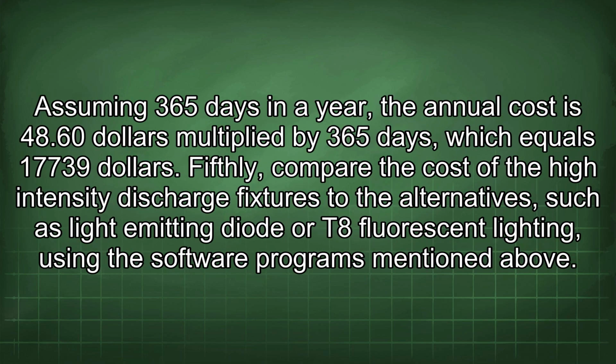Assuming 365 days in a year, the annual cost is $48.60 multiplied by 365 days, which equals $17,739. Fifthly, compare the cost of the high-intensity discharge fixtures to the alternatives such as light-emitting diode or Tate fluorescent lighting, using the software programs mentioned above.